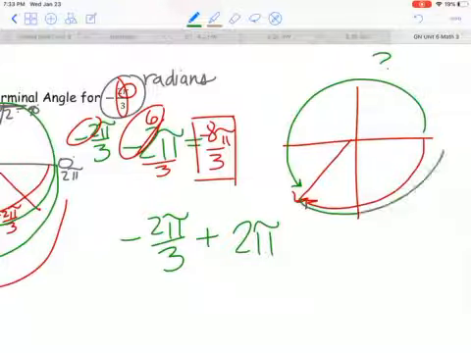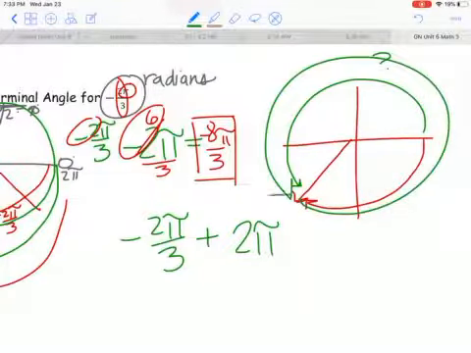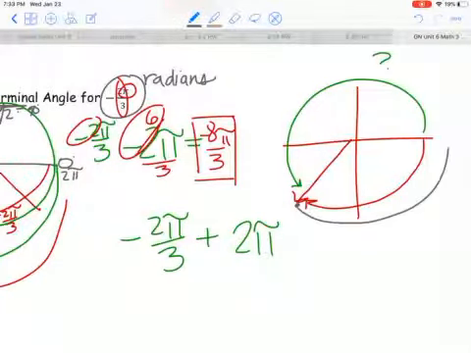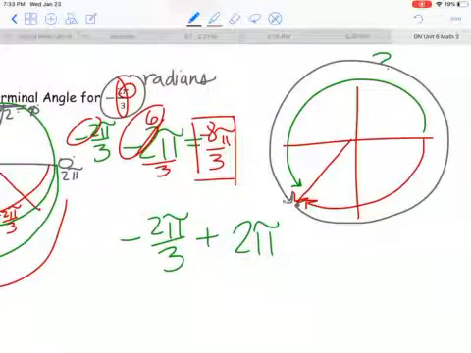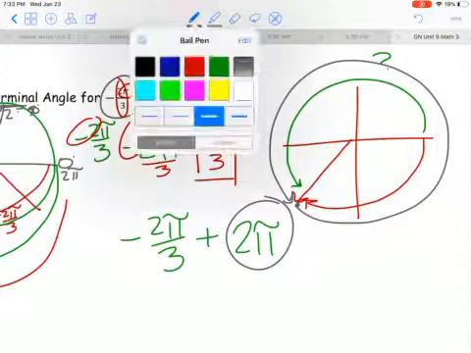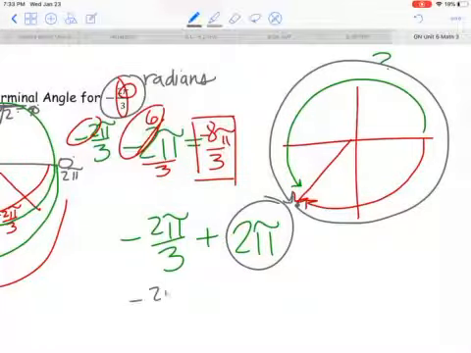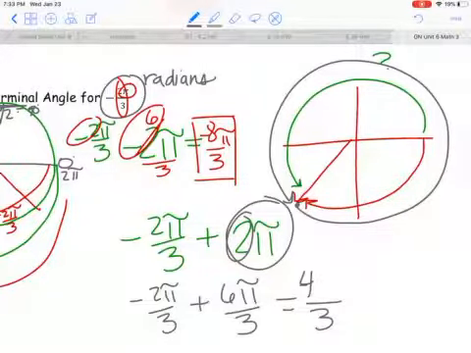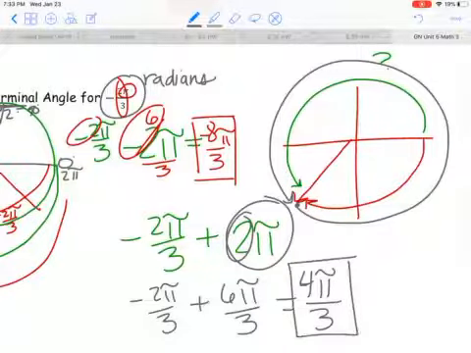So we've started here and we've gone all the way back around, basically. Let me draw that in another color. Started here and went all the way around. So that's one full circle that we added. So we get this plus 6 pi over 3, because we got to change that 2 to be a fraction. -2 plus 6 is 4 with that pi. So those are our two answers.